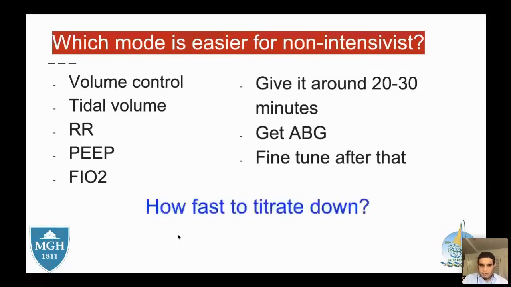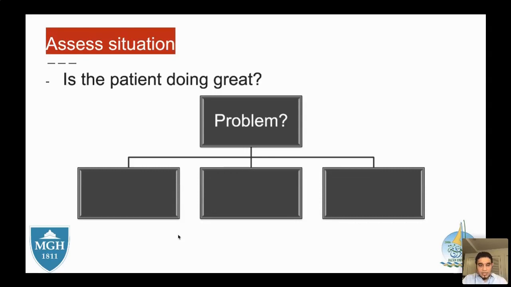But the question is how fast you titrate down. That's also dependent on exactly what problem you have. Before I go into the problems, I look at the ABG, and that's also another talk.